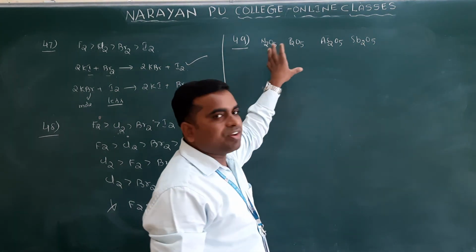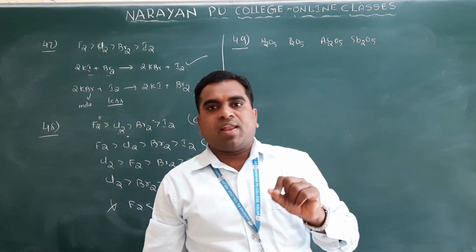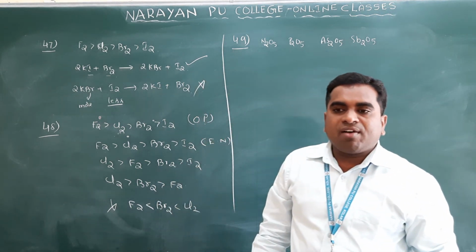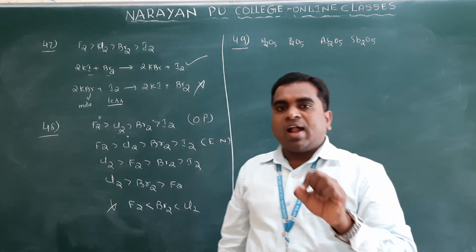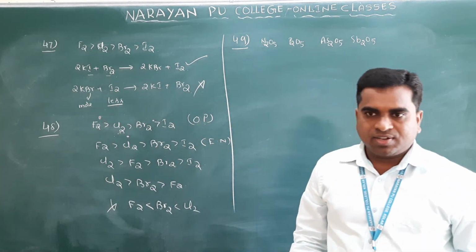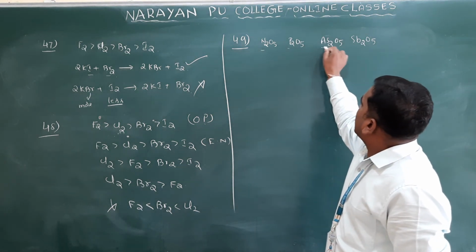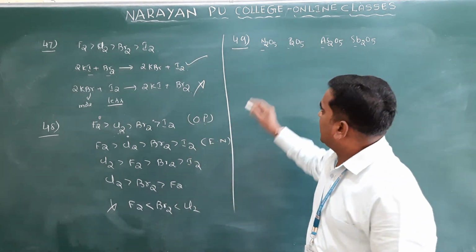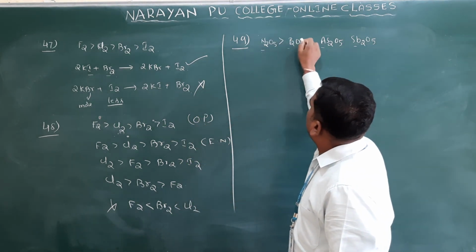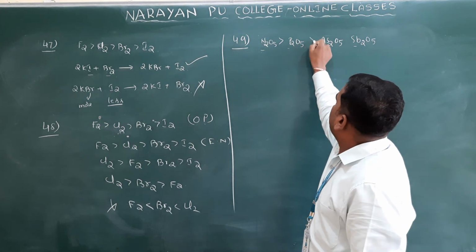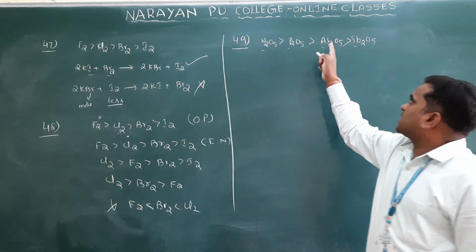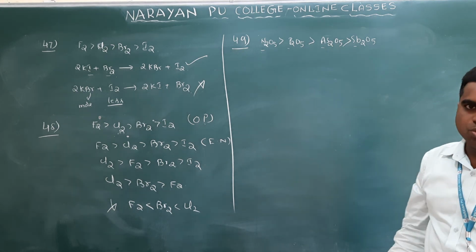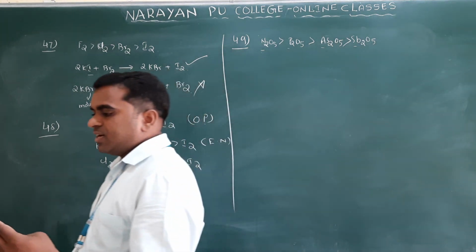I already mentioned that whenever we have oxides of different elements, the one whose element has the highest electronegativity is the more acidic oxide. Among nitrogen, phosphorus, arsenic and antimony, which is the most electronegative? Nitrogen. So N2O5 is the most acidic. This is the order: phosphorus is more electronegative than arsenic, so P2O5 is more acidic than As2O5. So option 1 is the correct one.